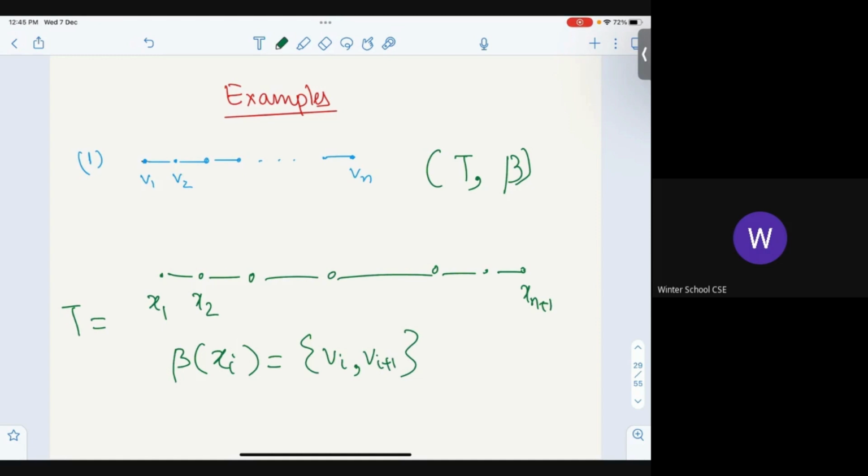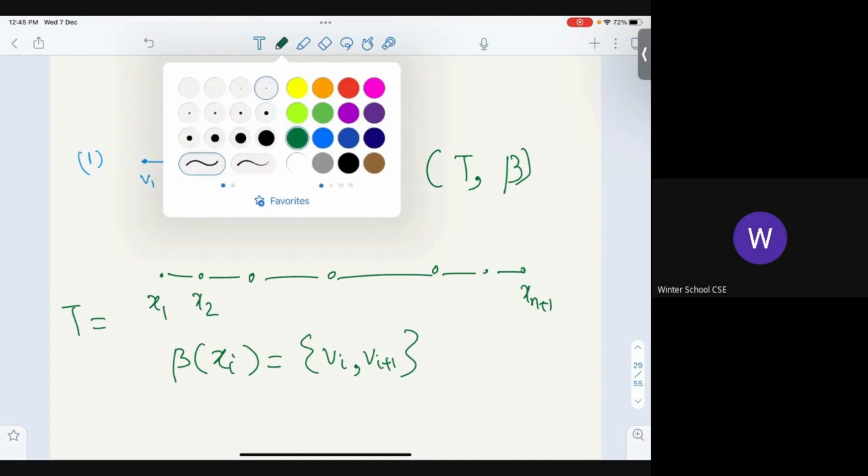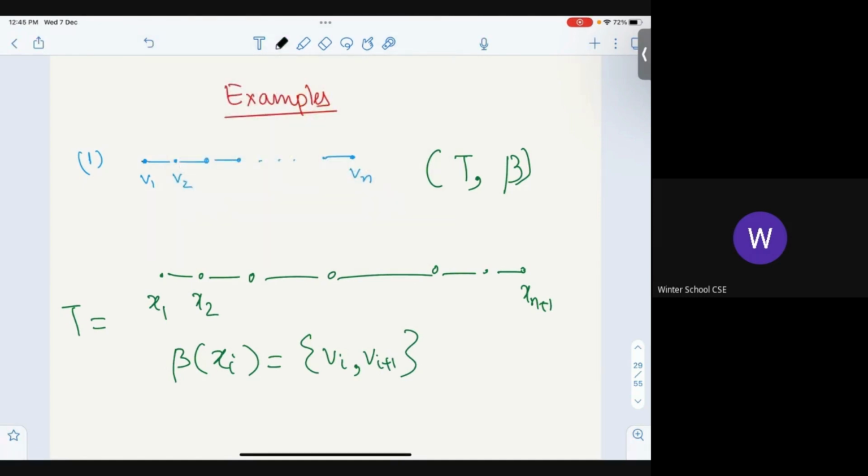For every edge vi, vi plus 1, is there a bag? Yes, go to xi. Xi is a bag which contains this. That's right. Connectivity: every vertex vi is mapped to which two vertices? Vi is mapped to xi minus 1 and xi. Of course, they are connected. So it satisfies all the three properties. So this is a valid decomposition.